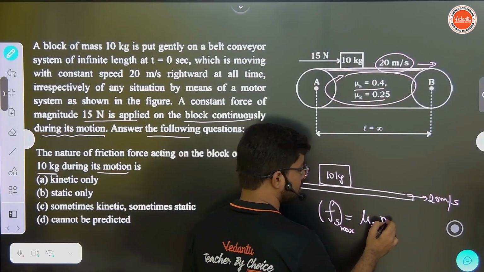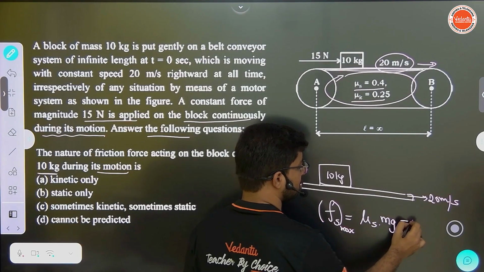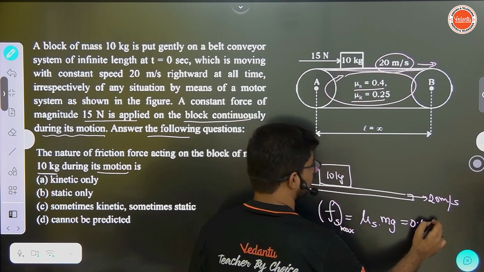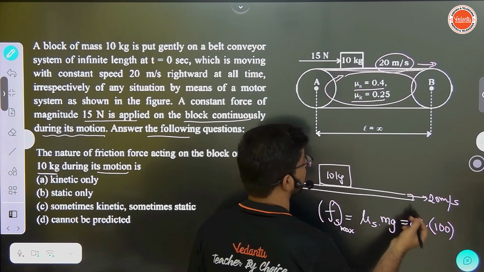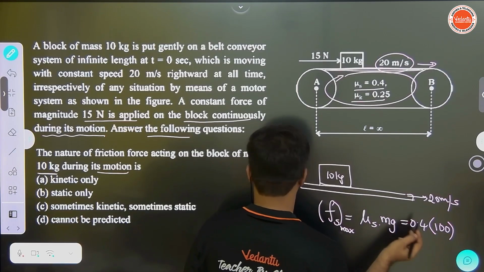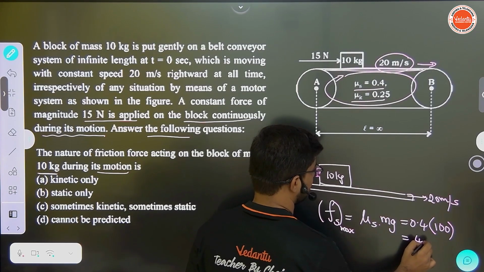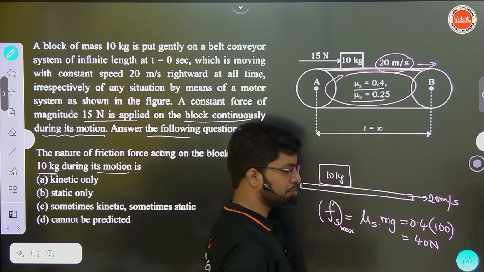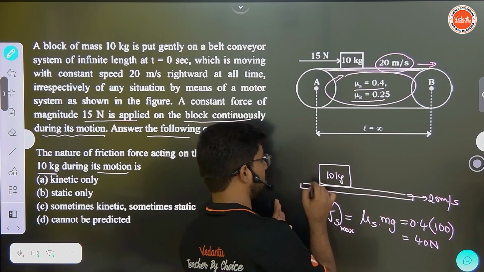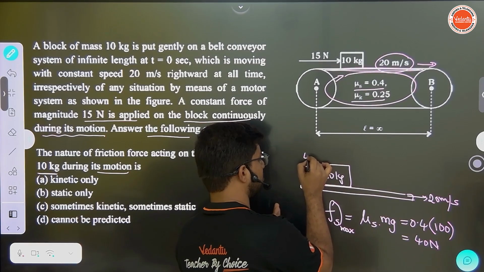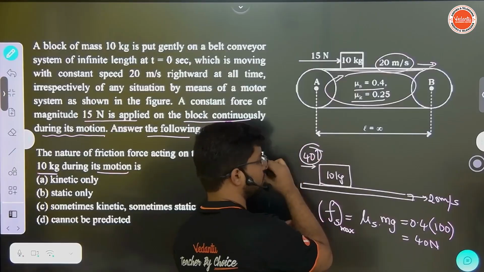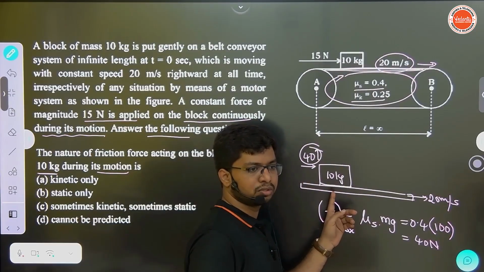That is mu s into mg. How much is that? 0.4 times mg. Take g equal to 10 here. Then you will get 40 newtons. That means unless you apply a force more than 40, it is not going to slip.